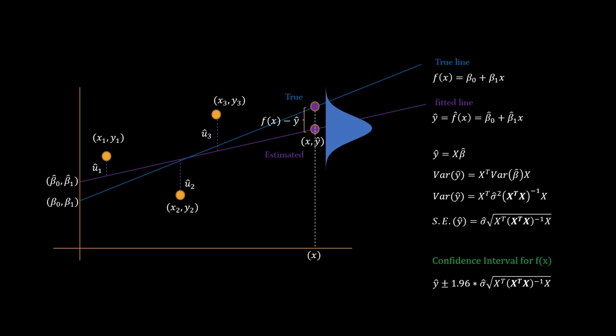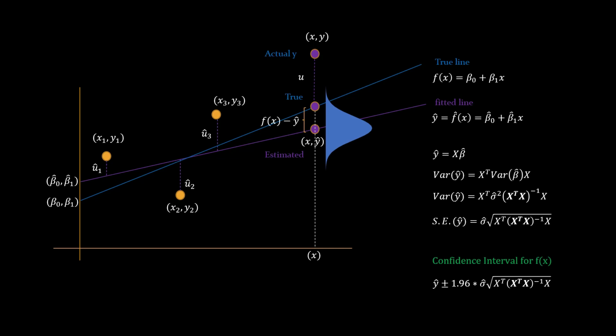This error between the estimate of average y and the true average y is reducible if we use a low bias and a low variance estimator. However, we are interested in predicting the actual y, not the average y. The actual y for any test subject will be the average y plus the error term u specific to that test subject.